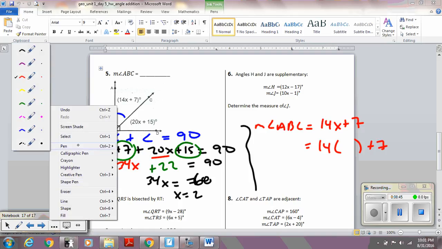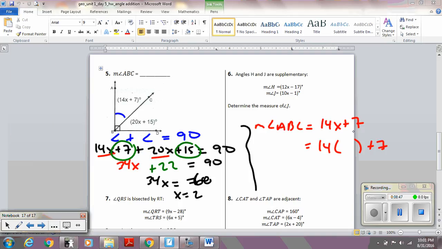And 14 times 2 is 28. 28 plus 7 is 35. So the angle is measured 35 degrees.